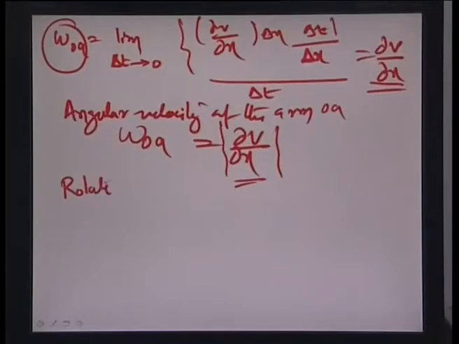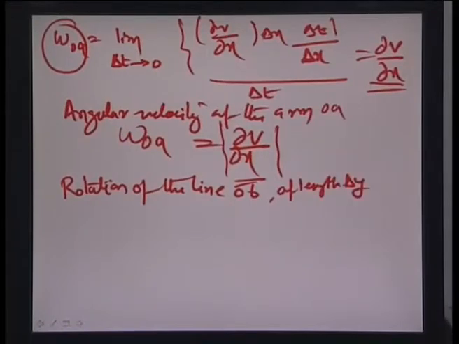All right. So, if I do the same thing for the other component, that is the component of the diagonal which was initially in the y direction, we need to ascertain the change in the x velocity as it goes along y, and that would essentially be omega OB. Okay. So, let us derive that expression as well. So, the rotation of the line OB of length delta y.